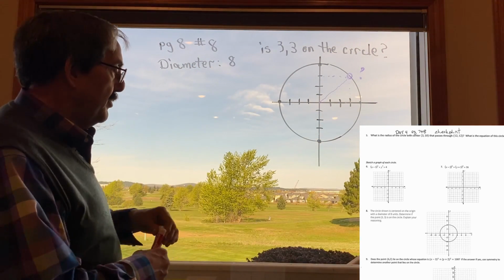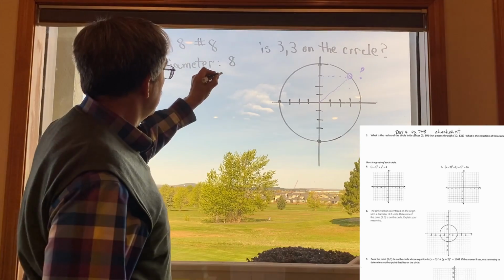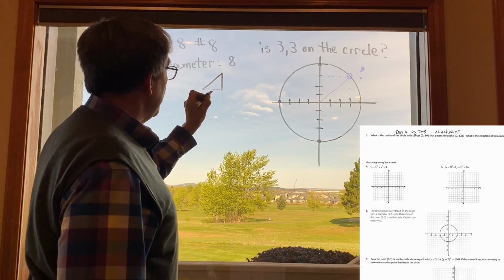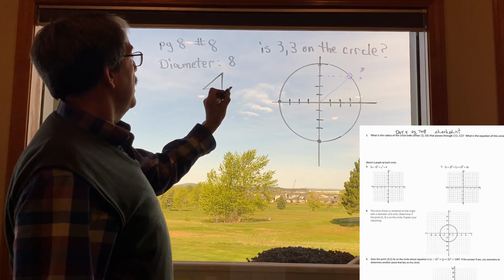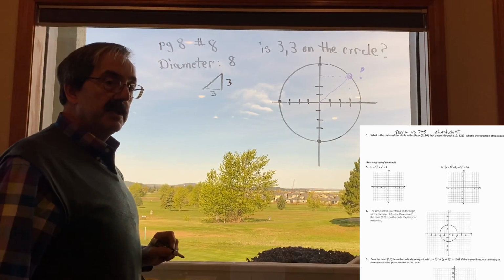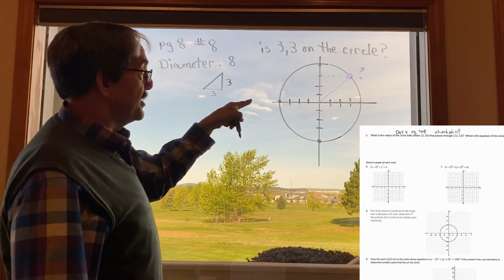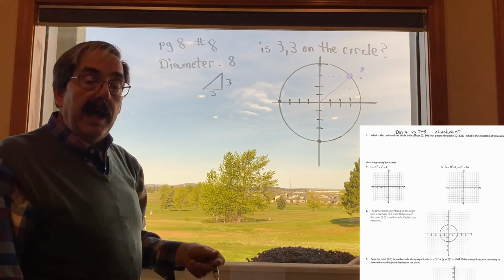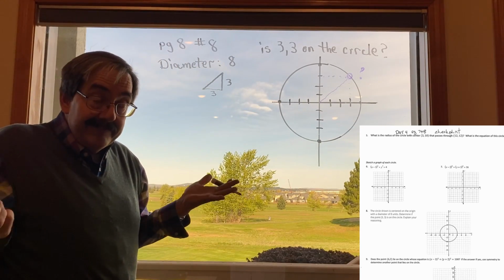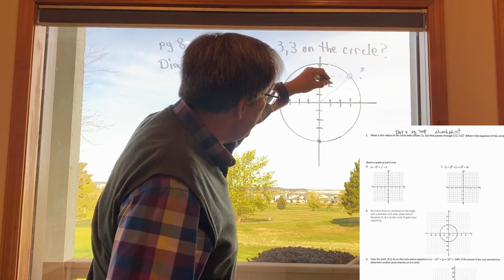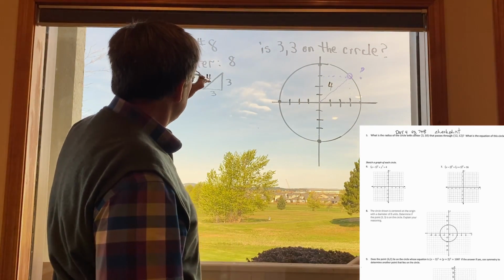So, we take our right triangle, and we know it's over 3 units, it's up 3 units, and the beauty is we know the radius. If the diameter is 8, how much is the radius? Excellent. The radius has to be 4 units.